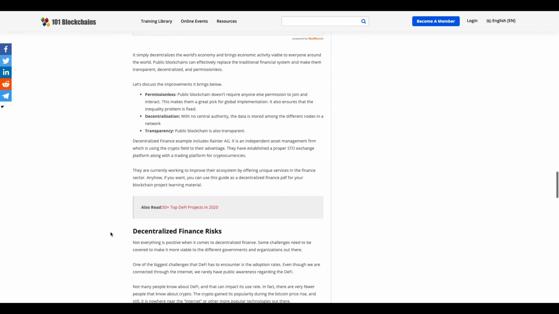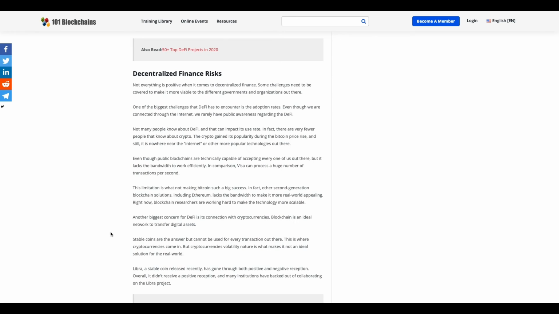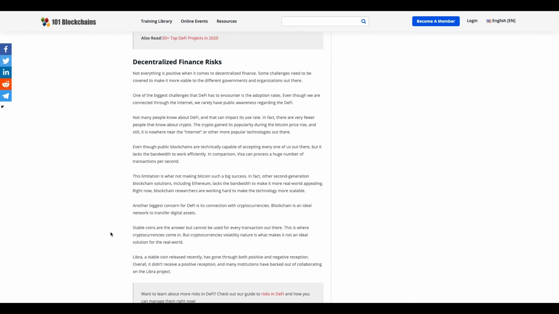I know this talks about decentralized finance risk. In my opinion, it does say that one of the risks is that it has a low activity rate, not that many people are in it. But DeFi is getting so popular now, and honestly, I wouldn't worry too much about that.